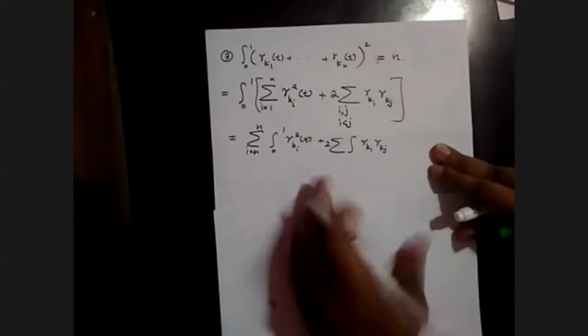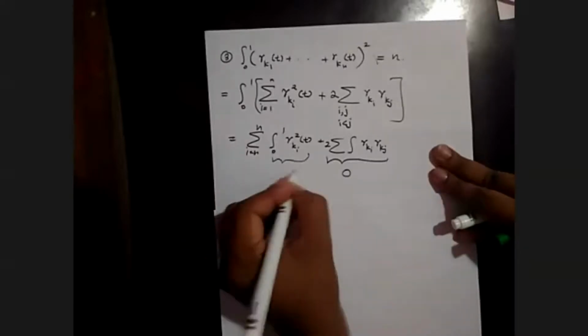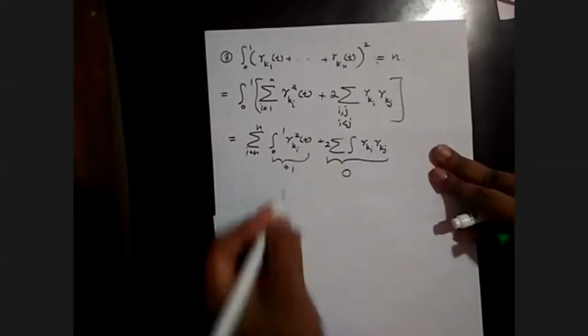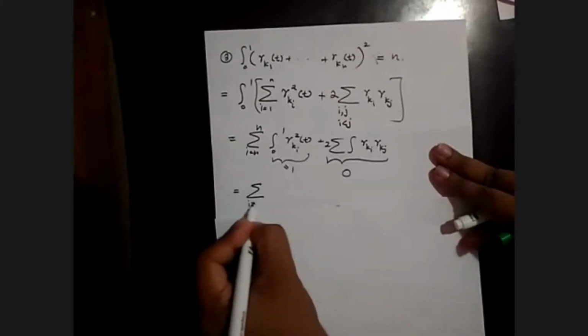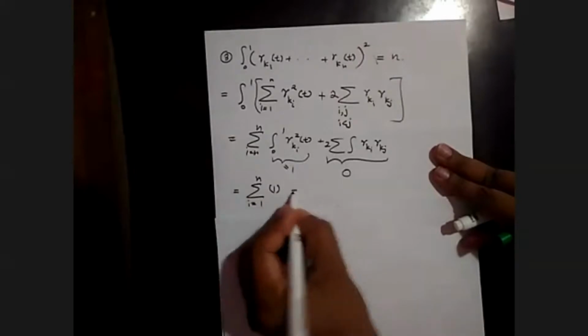And what do we see? The second term is exactly 0, because from part 2 we know this integral is 0, so the summation is still 0. And from part 1 we know this is equal to 1. So I am looking at the sum running from 1 to n of 1, which is exactly n.